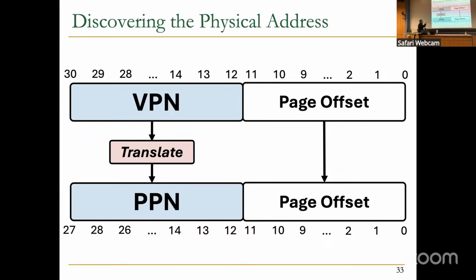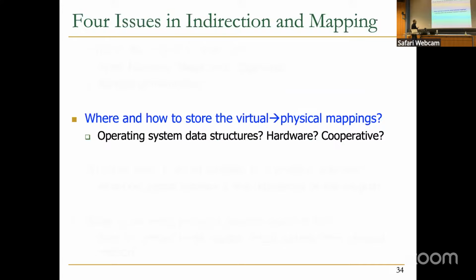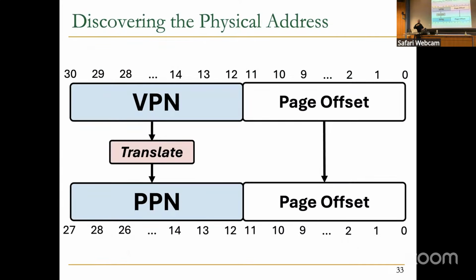So that's the only thing I need to do. I need to translate these 19 bits to these 15 bits. That's my only job. And we're going to discuss how we do this translation between these 19 bits and these 15 bits. Is it clear why I'm not translating the page offset? I do not need to translate the page offset.